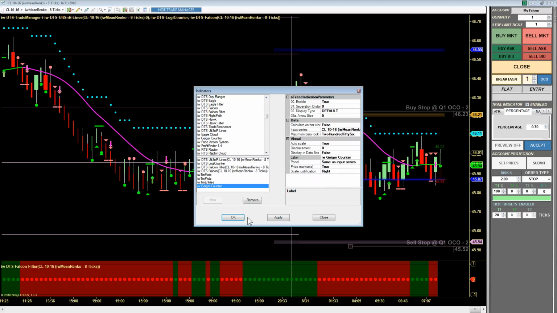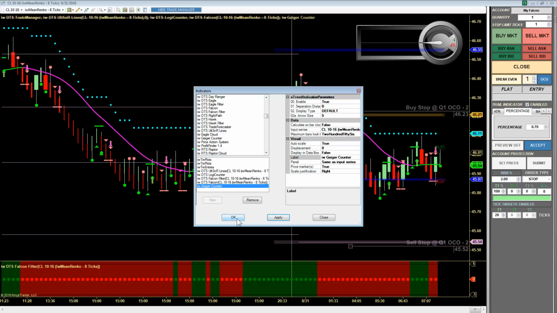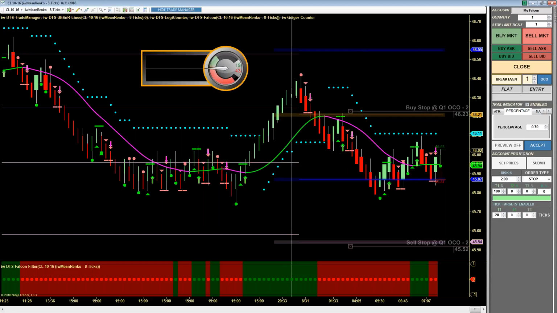Geiger counter, here we go. We'll put the Geiger counter on so we can watch the order flow. So right now the Geiger counter is fairly evenly balanced.